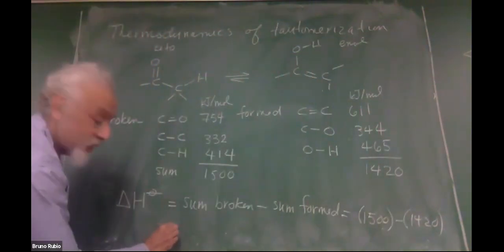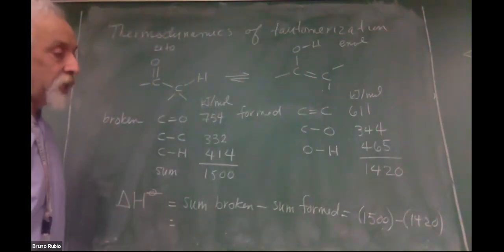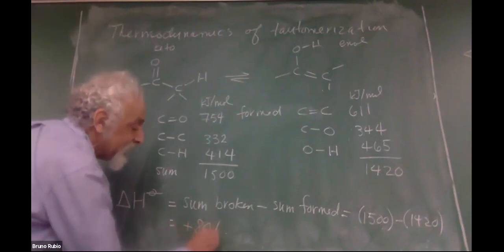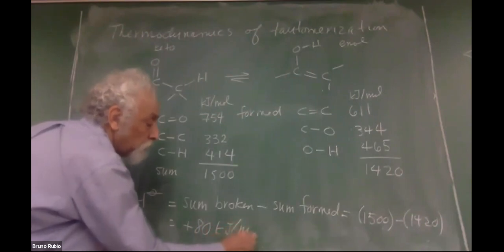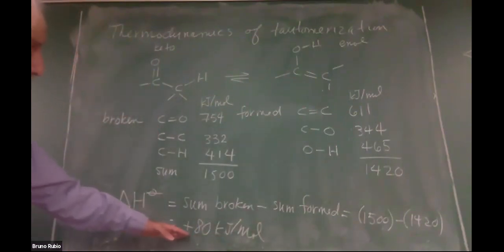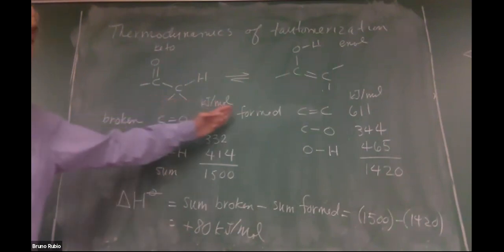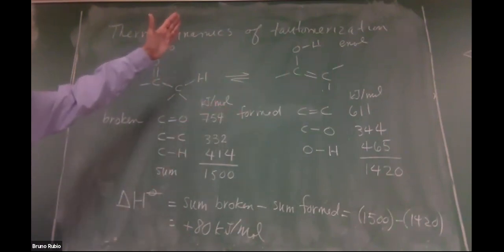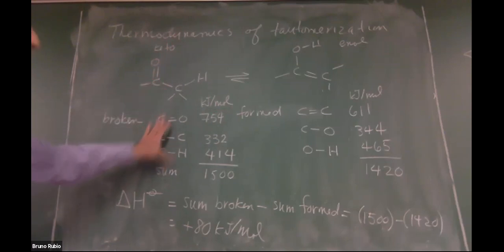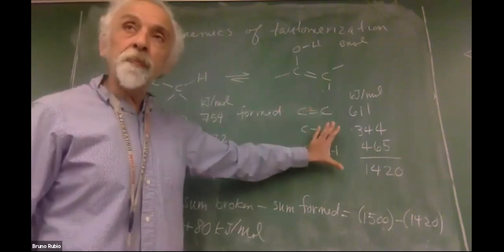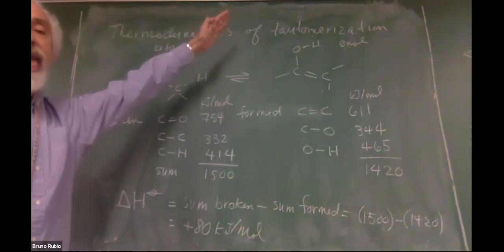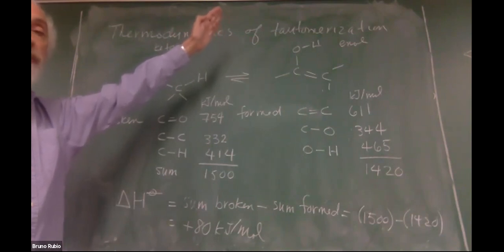So I get delta H here is plus 80 kilojoules per mole. This is saying that this transformation is uphill, right? If I start here and break all of these bonds and then put all of these bonds back together, I am going up 80 kilojoules per mole.